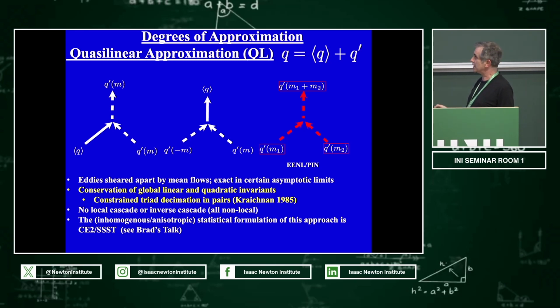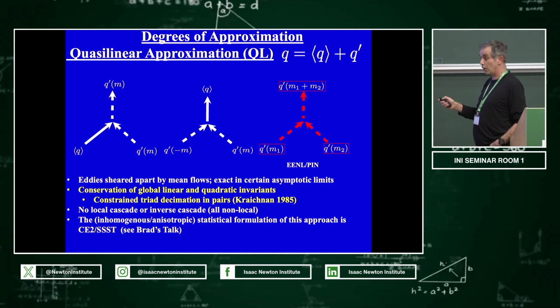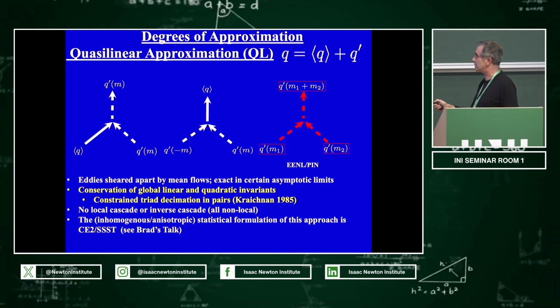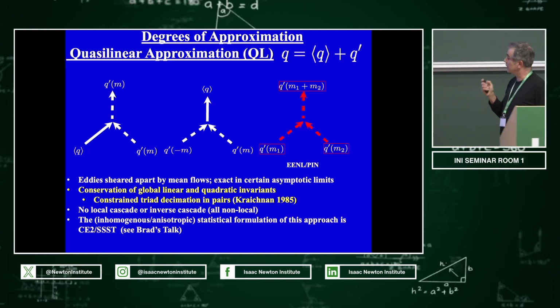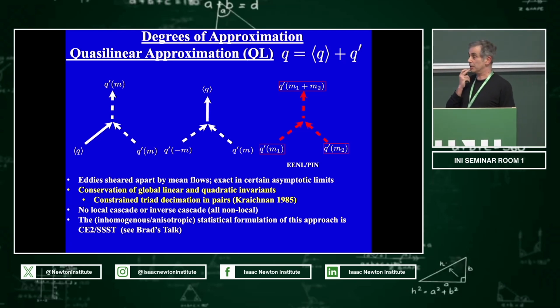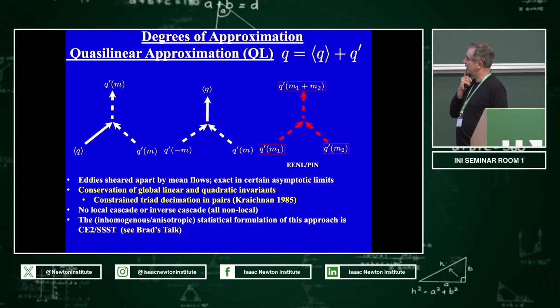So this is getting rid of any kind of cascade or inverse cascade, local cascade interactions. Okay, and this term here, the fluctuation-fluctuation-fluctuation interactions, or eddy-eddy, is sometimes called the eddy nonlinearity. And in the context of mean field electrodynamics, Keith Moffatt called this the pain in the neck term, the PIN term, okay?